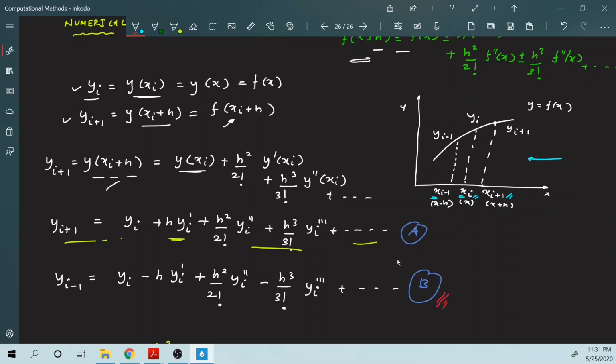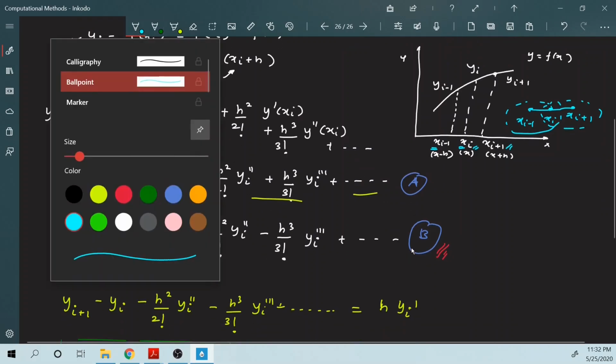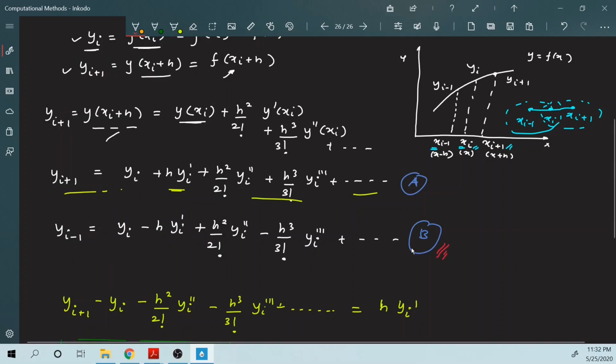So when you talk about these 3 points, this is xi plus 1, xi minus 1. When you use this it is forward, and when you use these 2, it becomes backward. Similarly, if you use this and this, that becomes your central difference scheme.